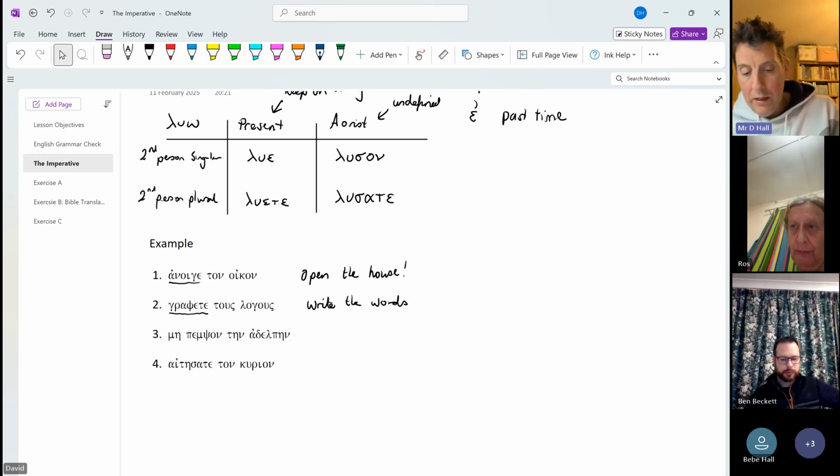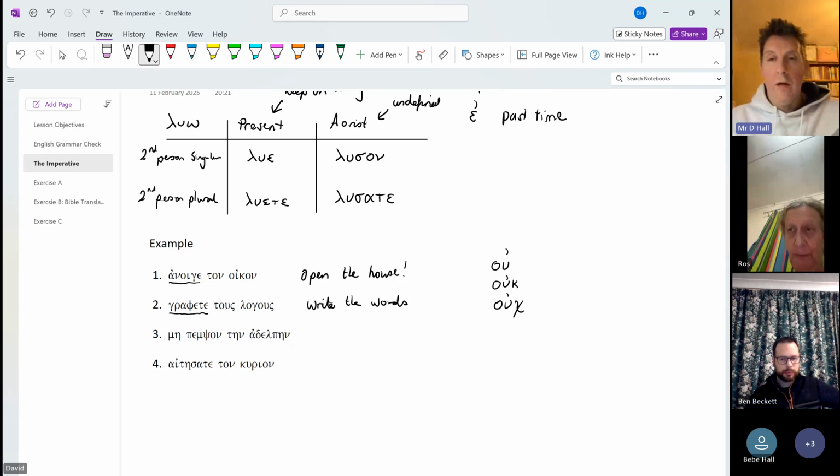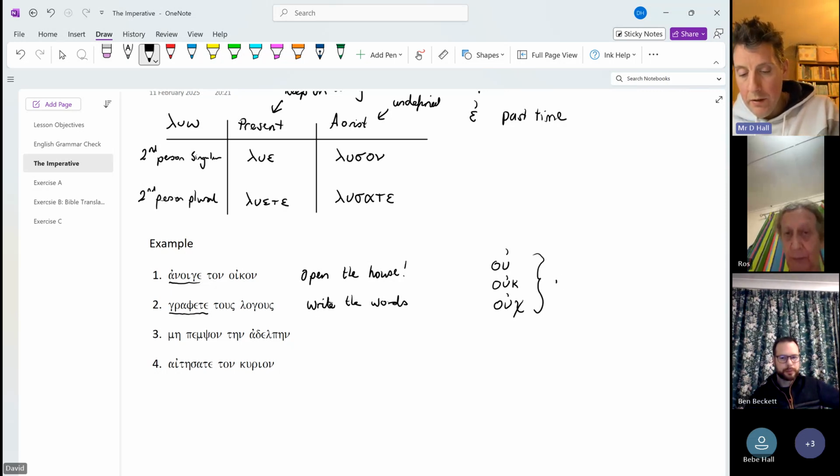In Greek, we used ou, or depending on whether the word that followed started with a rough or smooth breathing, we used ouk or ouch, really just for pronunciation. So these were not in the indicative.